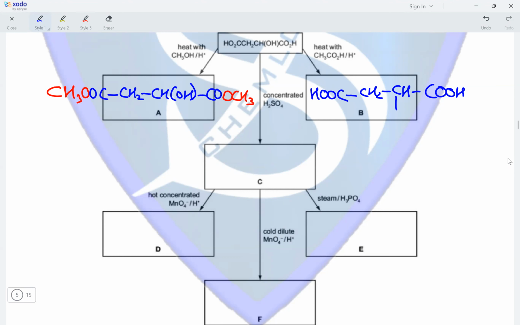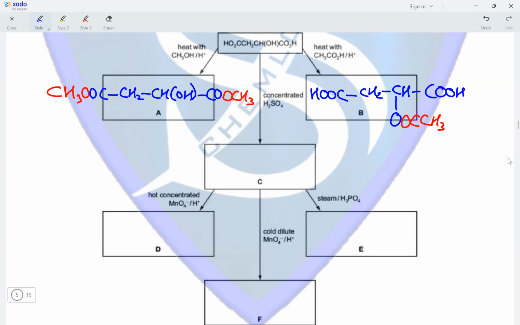Then we would have the oxygen of malic acid, then the oxygen of ethanoic acid, the carbon of ethanoic acid, and the CH3 group of ethanoic acid present, forming the ester bond. So this is the product B that would form when malic acid reacts with ethanoic acid.